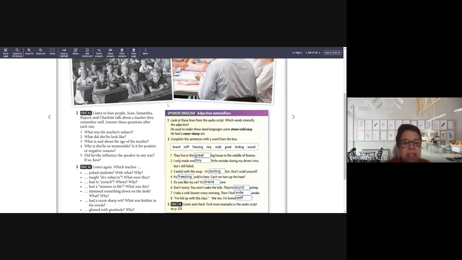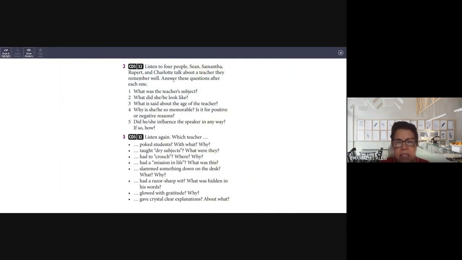So let's take a look here at number 4. We're going to listen to 4 people: Shane, Samantha, Rupert, and Charlotte talk about a teacher they remember well. Answer these questions after each one. So let's see the questions first. Question number 1: what was the teacher's subject? Question number 2: what did she or he look like?